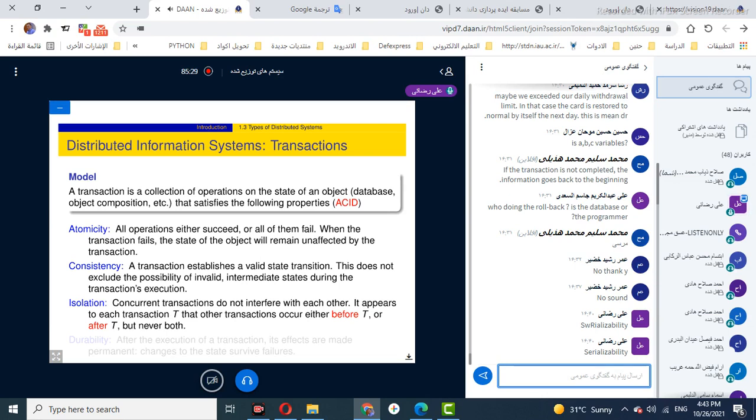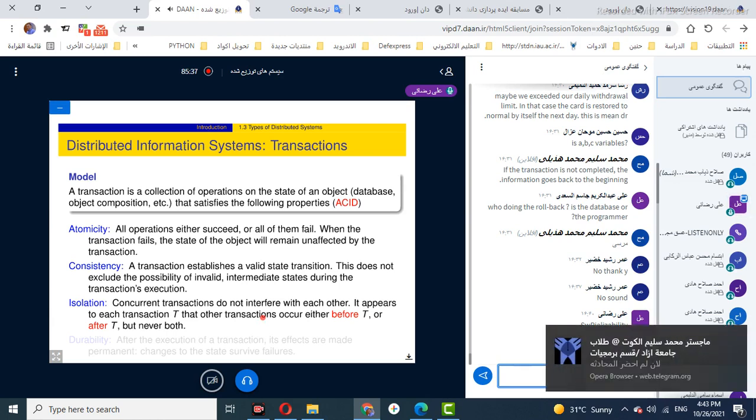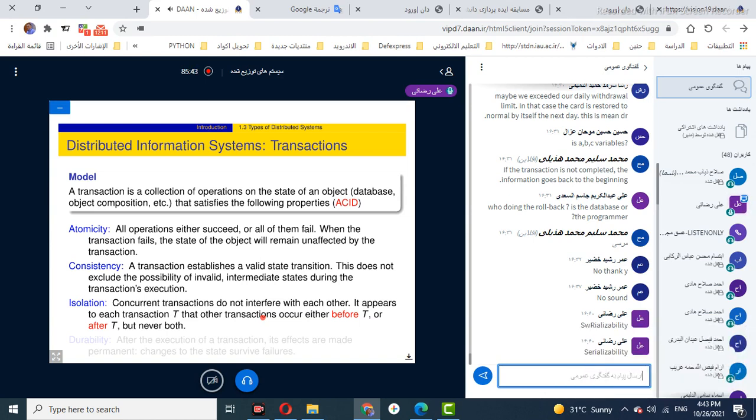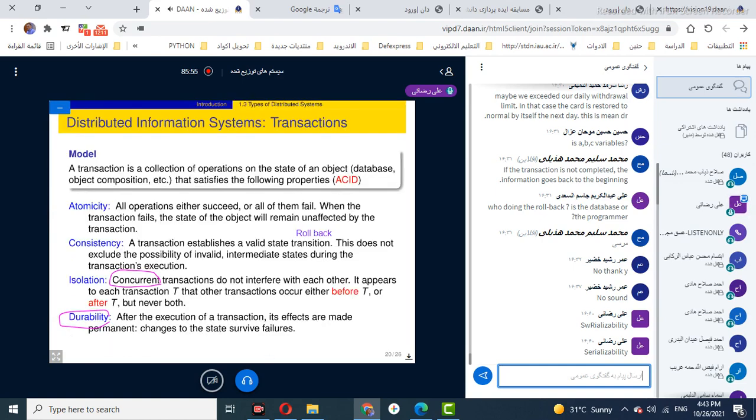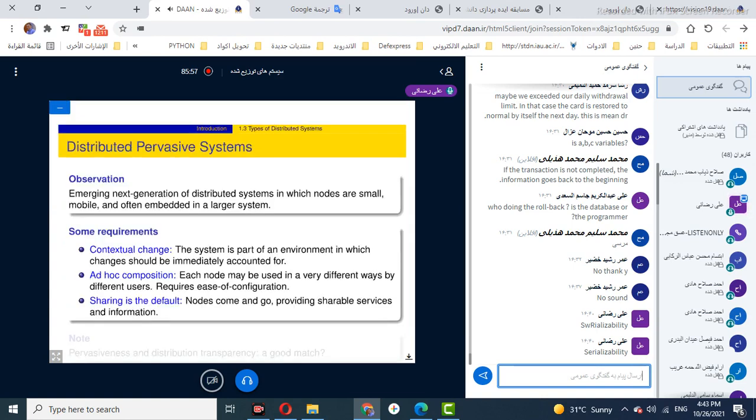In distributed information systems, we usually work on running transactions, and transactions are the basic units of work in which we pack some data manipulation commands, and usually they have ACID properties. Okay, this is the review of this slide, important slide.